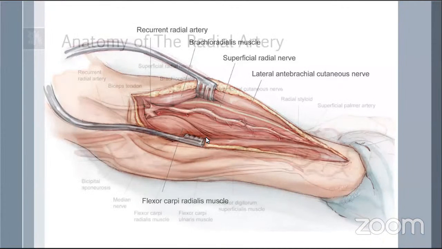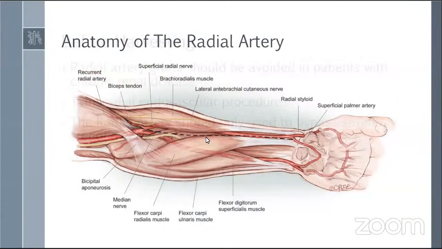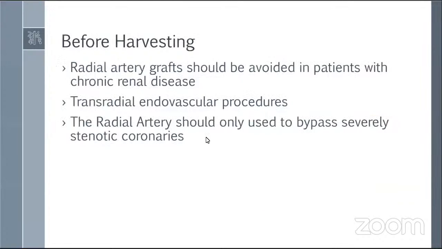Okay. Before harvesting, the radial artery graft should be avoided in patients with chronic renal disease because they might need that radial artery for an AV fistula for future dialysis. Also, patients who underwent a transradial endovascular procedure like left heart catheterization or coronary angiography. I read that if a patient had a recent coronary angiogram, you have to avoid using the radial artery for at least 3 months.